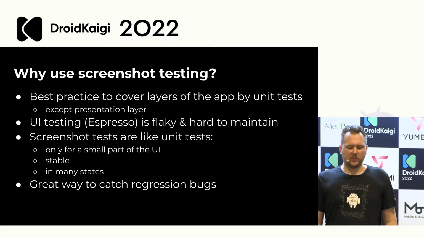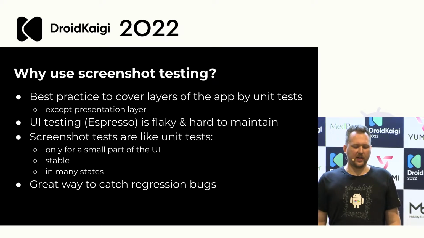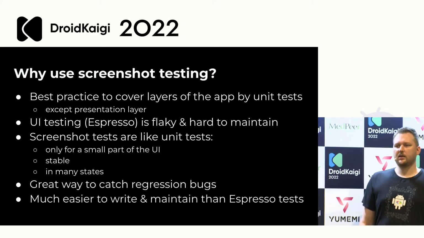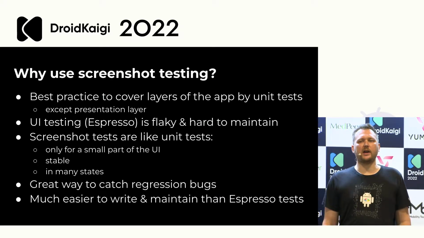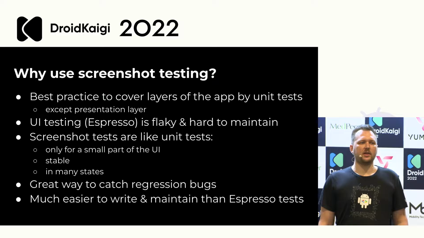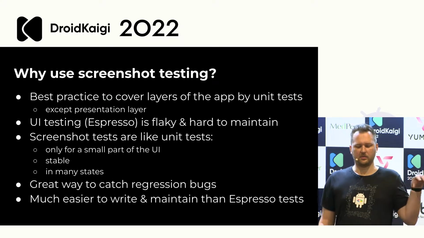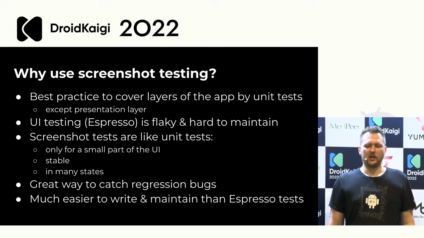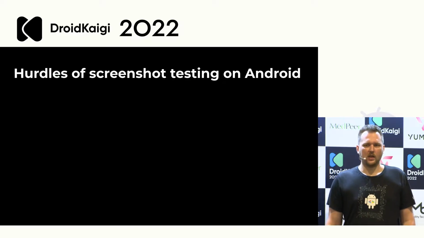In my experience, it's really fast if it's integrated in your CI. And screenshot tests are also much easier to write than, for example, Espresso. You just put static data, pass it to your UI component, and that's it. You don't need to think about that much. It's also much easier to maintain if they break.